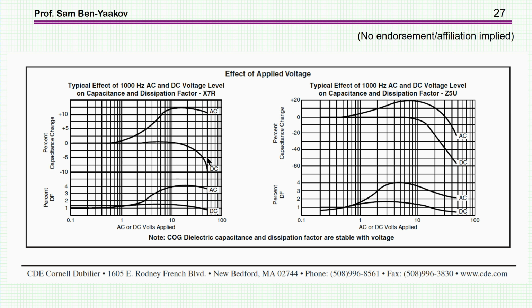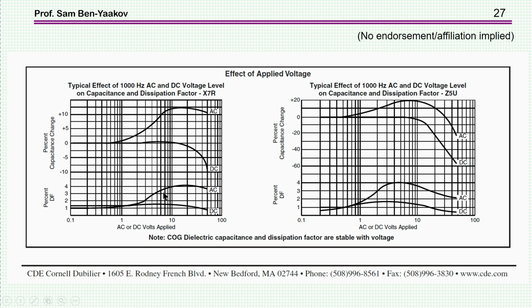You see that as you go above, say, 20 volts, the capacitance starts to drop. However, for the AC excitation, no DC, just AC excitation, it's going the other way. It's becoming larger, and at 20 volts, it's actually 15% higher than at the low excitation voltage. So it's really going up.